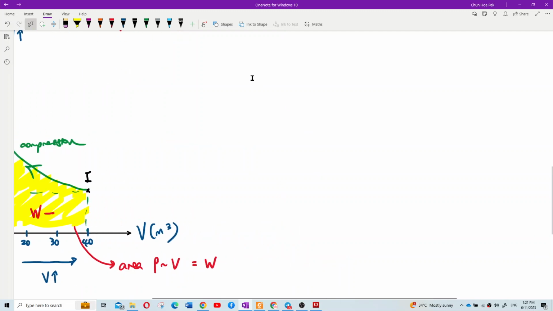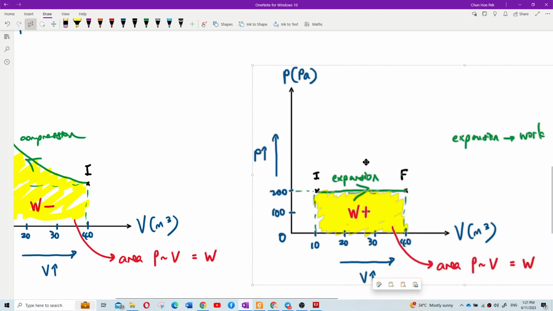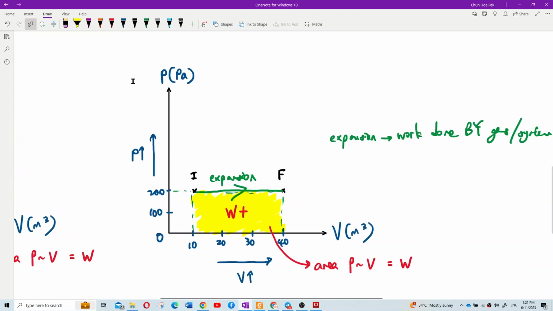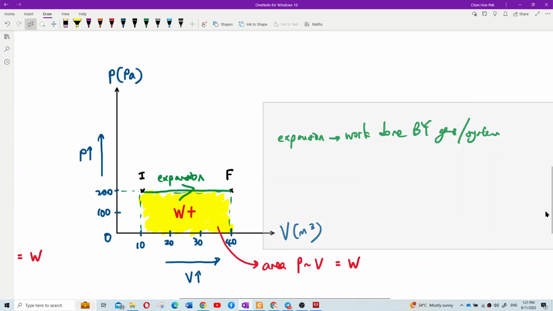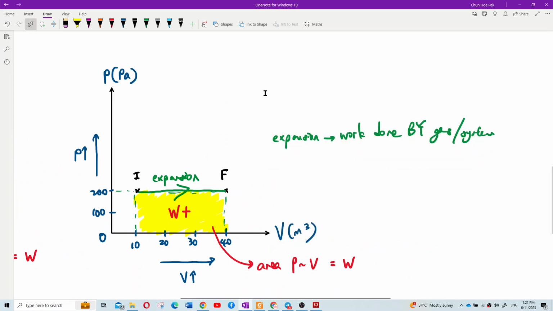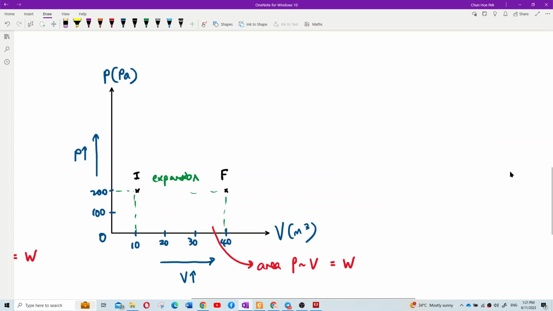Okay, class. Another thing: maybe sometimes the graph is like this. Let's say this time the process is like this. Throw away all this. Let's say this time the work done is from here.